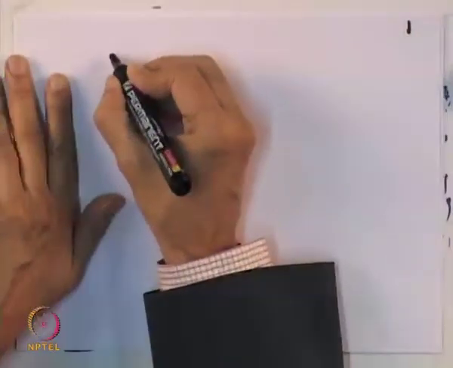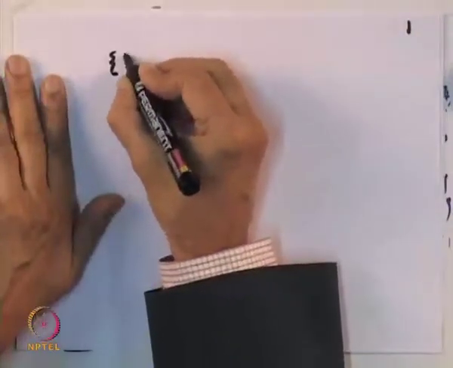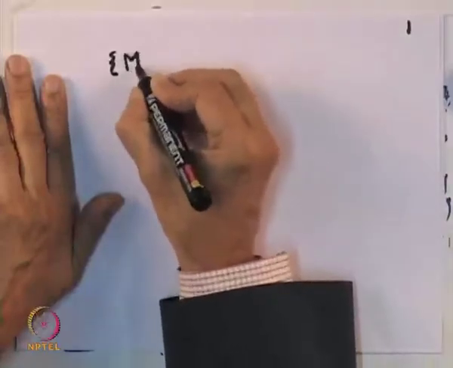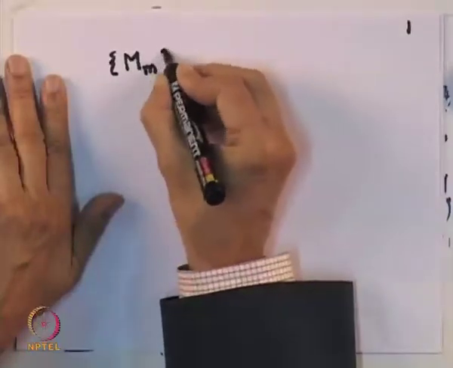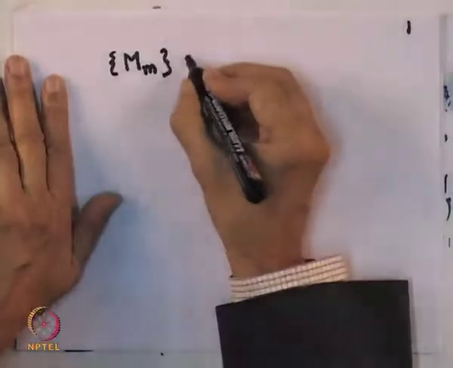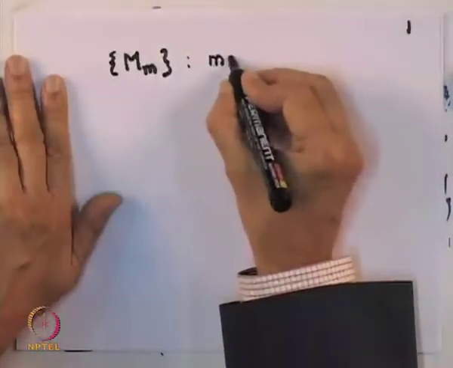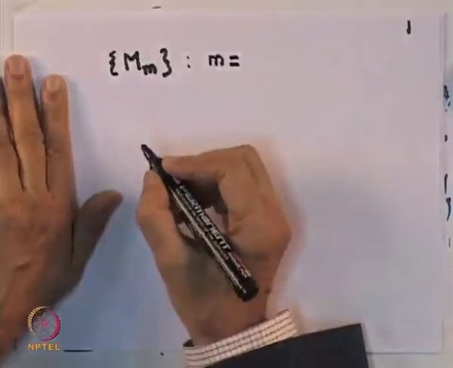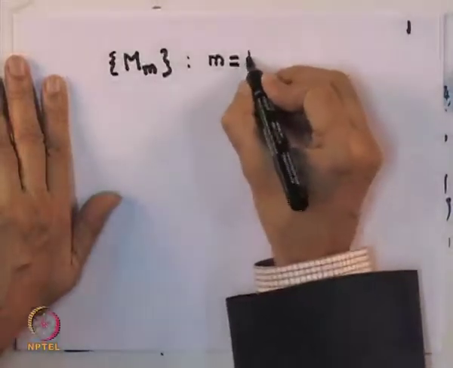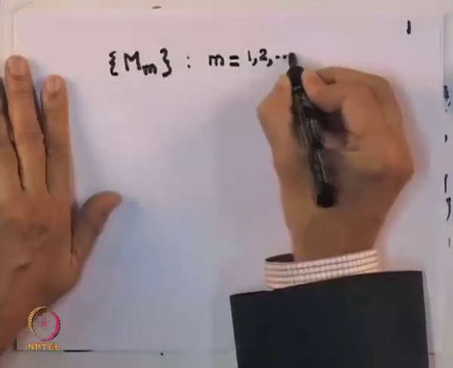So let us assume that out of the possible results, we have a set of operators which we call the measurement operators, M_m, where the small m gives me the possible results. Supposing there are n possible results, then m could vary from 1 to n.